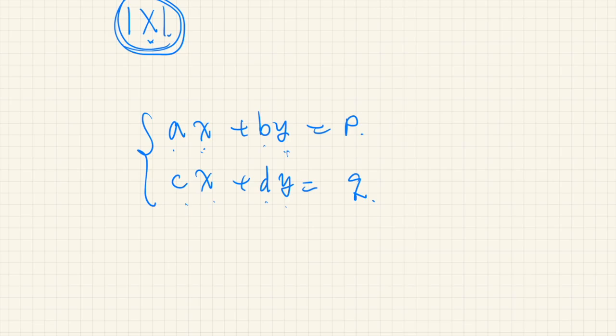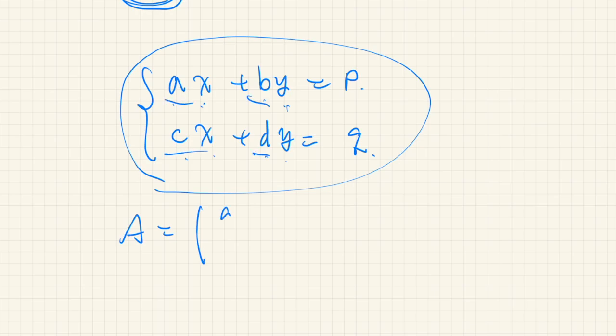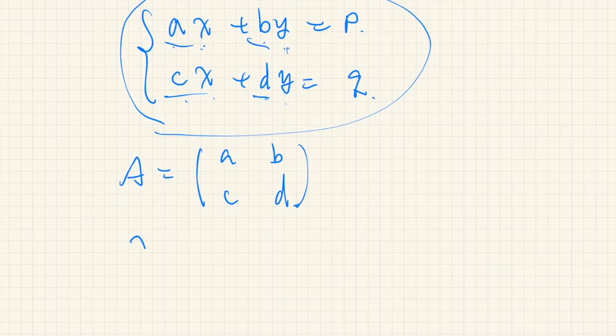an application of matrices. These equations can be concisely expressed in terms of a matrix and vectors. First, let's define a matrix A that is made of these coefficients on the left hand side: A, B, C, D. Let x be the column vector made of the variables x and y.